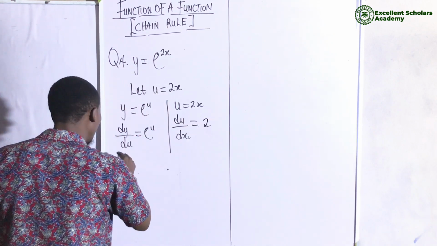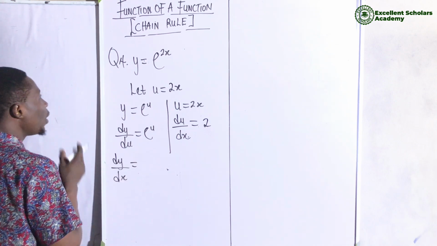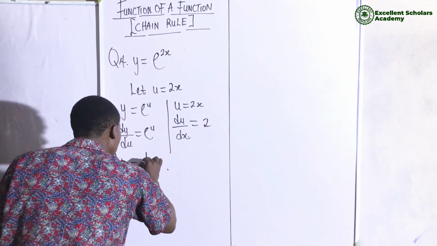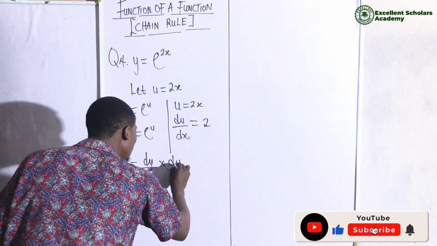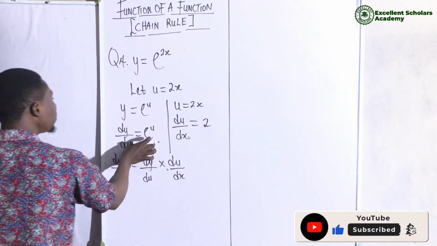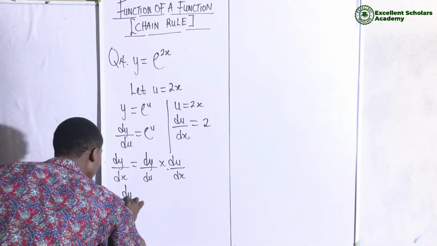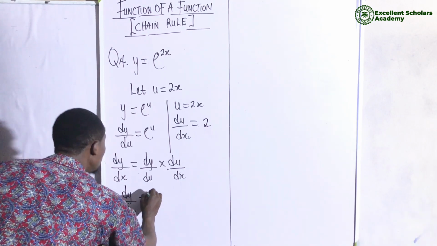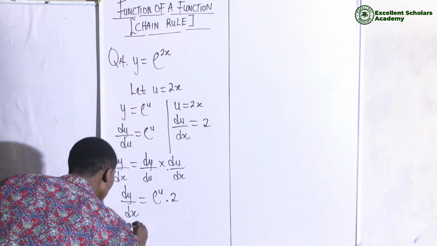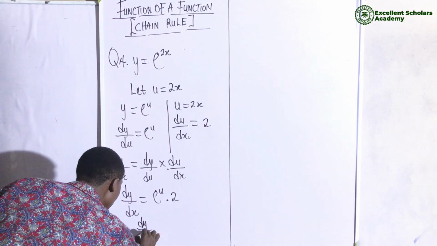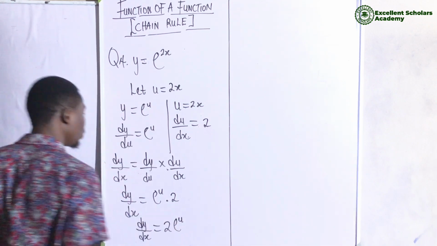So now finally our dy dx, which is the main target here, will be dy du times du dx, meaning what you differentiated here times what you differentiated here. So our dy dx will be equal to exponential u multiplied by 2. So dy dx gives us 2 exponential u.